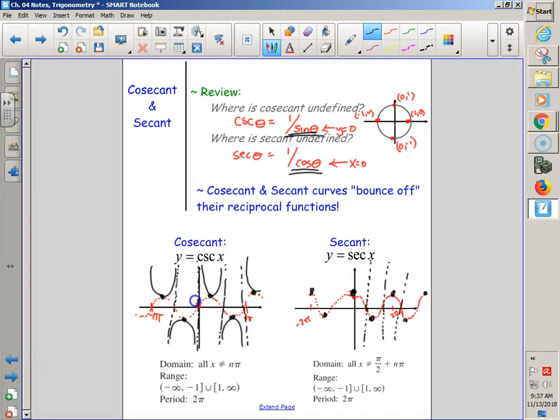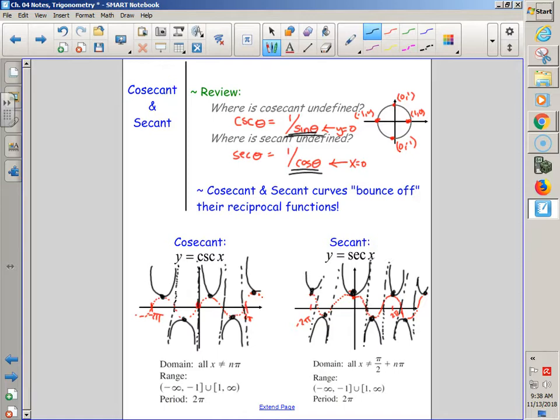That's bad, right? So I have vertical asymptotes every time there's a 0. And then what's going to happen in between? Bounce. So what we need to do for secants and cosecants is make sure that we know how to do our sinusoids of sines and cosines.